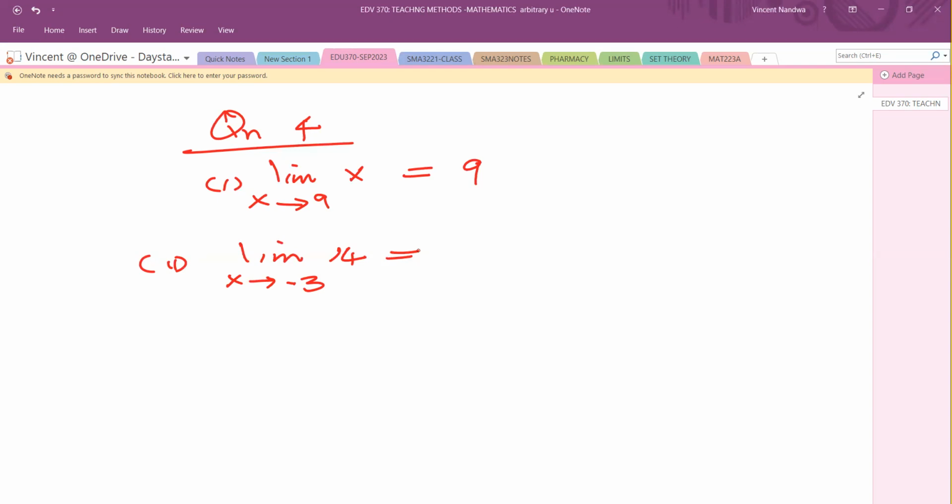But you see now, there's no x power n. If it was, that will be right, if you had, say, 14 power x, is when you say now the answer is 14 power minus 3. But there's no x power n here.